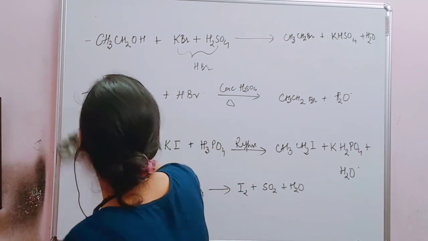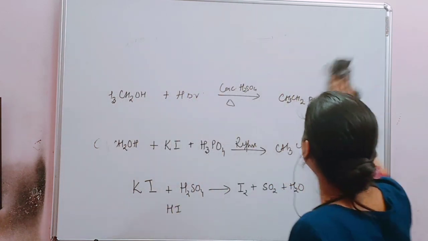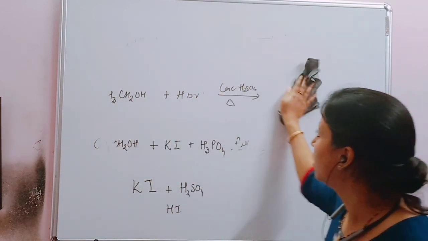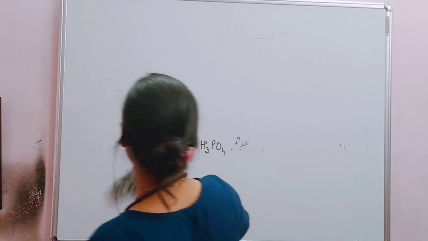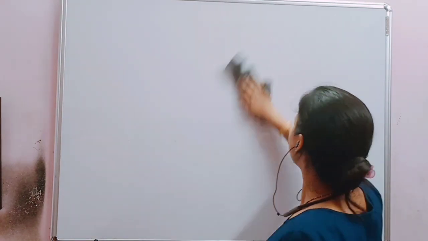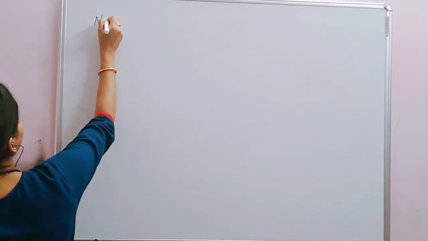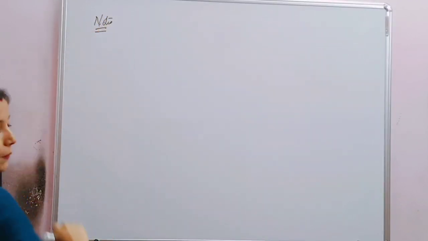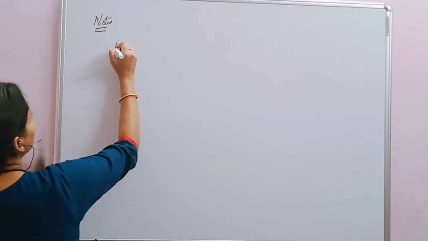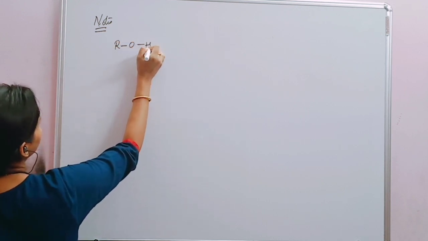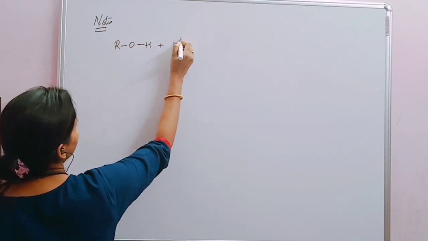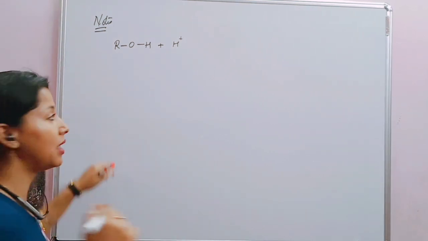Alright, so these are reactions on which there will be exercises. Now, notes, that means important points to remember. The mechanism of the reaction, first of all. Alcohol plus the proton that has come from the acid.